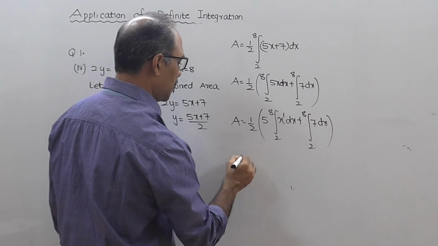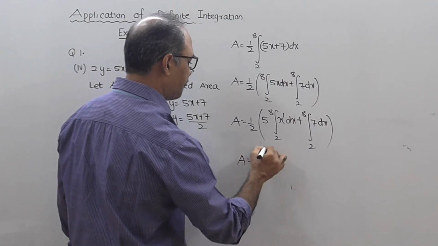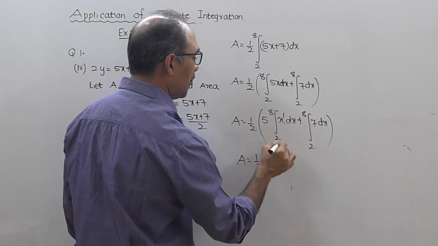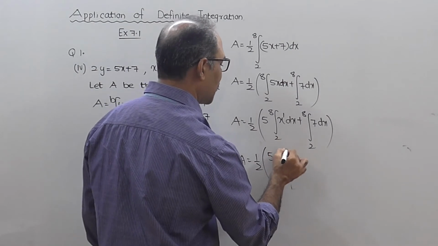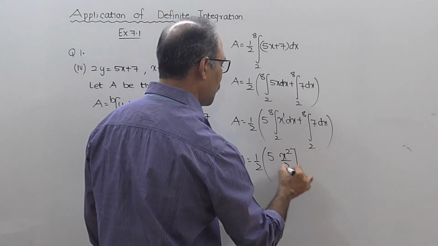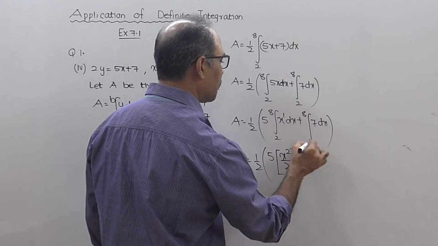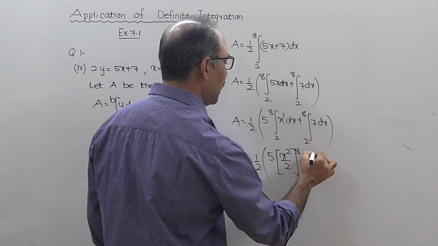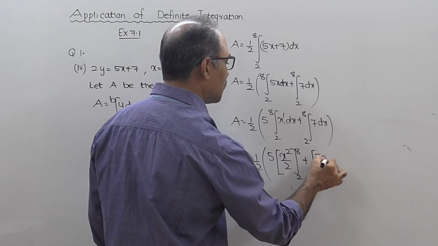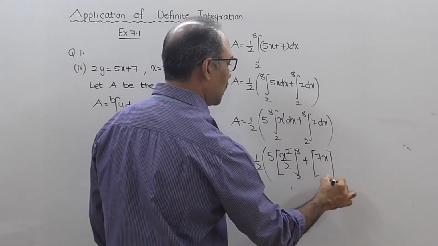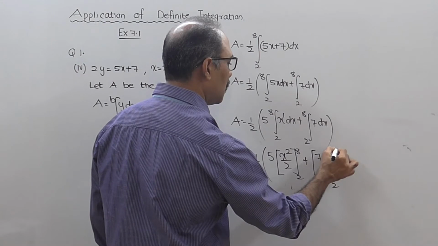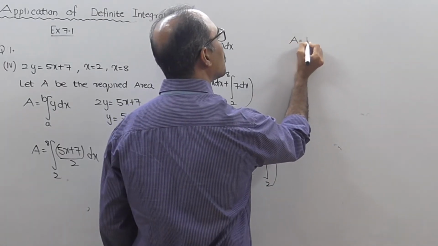7 dx. So the area will be half bracket 5, x raised to 1, the integration is x raised to 1 plus 1 upon 1 plus 1, so it is x square upon 2 in the range of 2 to 8, plus integration of 7 is basically 7x, and that also in the range of 2 to 8.